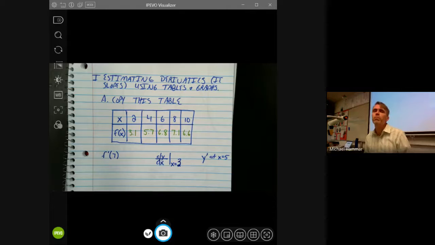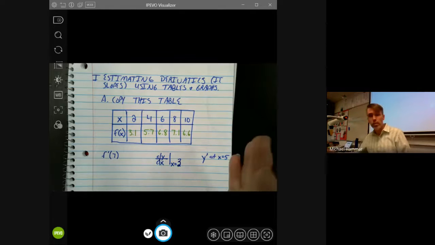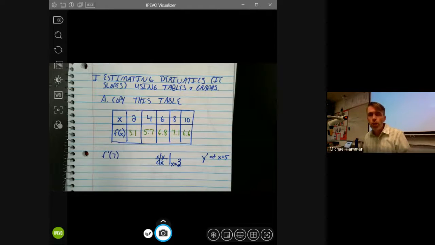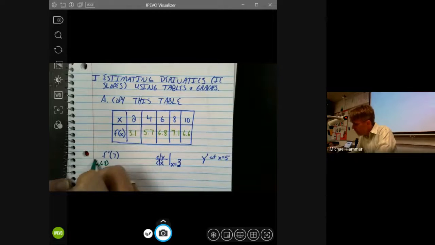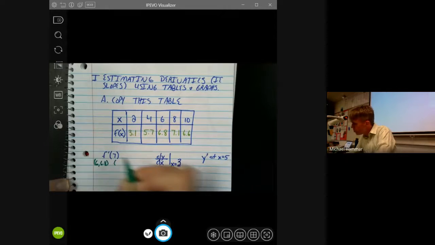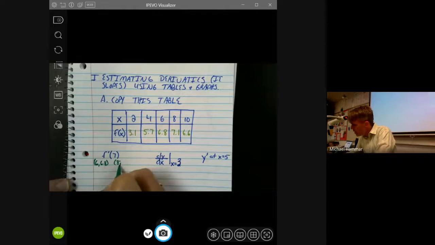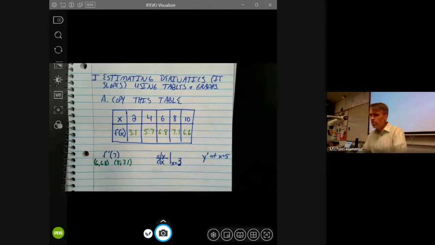Well, notice in the table that there is no 7. But we do know two numbers fairly close to 7 on either side of it. We know 6 and 6.8, so we know that point. And we also know 8 and 7.1. So if you are estimating a derivative, that's when you use the average rate of change formula.